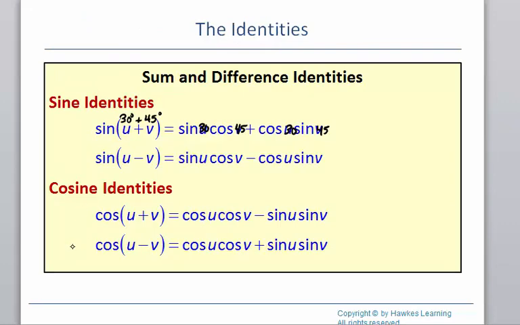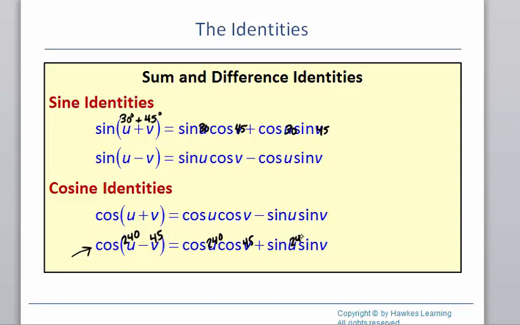So we're going to be using the difference formula for cosine. Our first angle is going to be 240, so that will be our U, and our V is going to be 45. And so we'll plug these in. And so we're going to have 240 for the first cosine and 45 for the second.